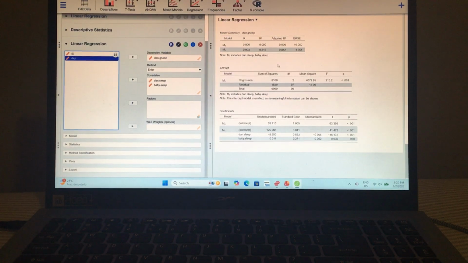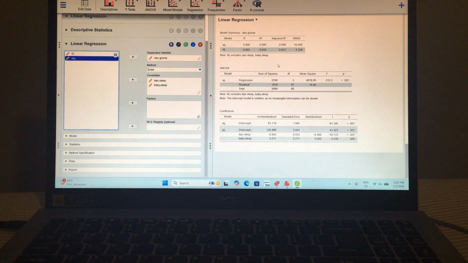However, if Danny's sleep is high and baby's sleep is low, Danny's grumpiness might be moderate, indicating that Danny's sleep can somewhat mitigate the effect of the baby's sleep on their grumpiness. Conversely, if both Danny's sleep and baby's sleep are high, Danny's grumpiness might be low, showing that adequate sleep for both Danny and the baby leads to minimal grumpiness.